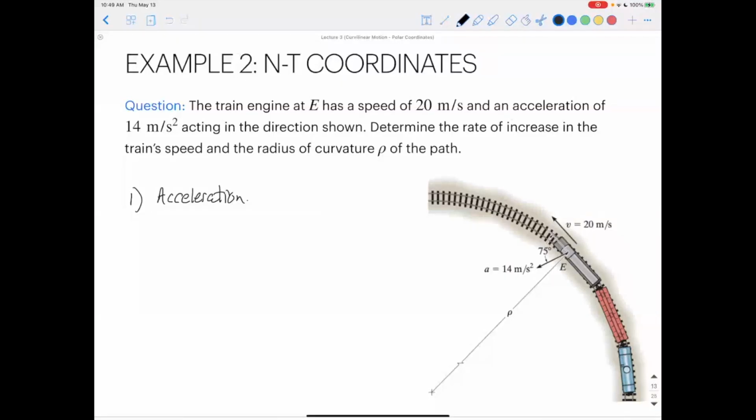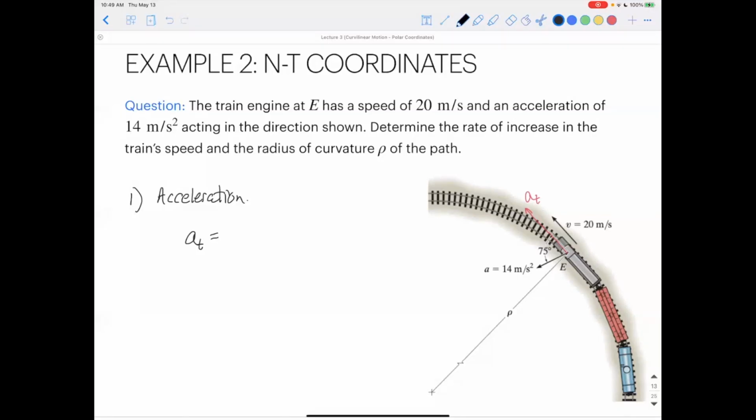And if we write down the equations for our components, we look at the tangential component first. That's going to be essentially the component in this direction. So our tangential acceleration is going to be the component of our total acceleration, 14 meters per second squared, acting tangent to the path.